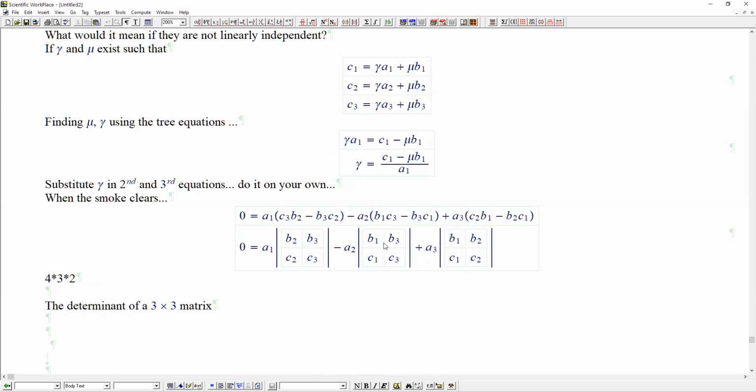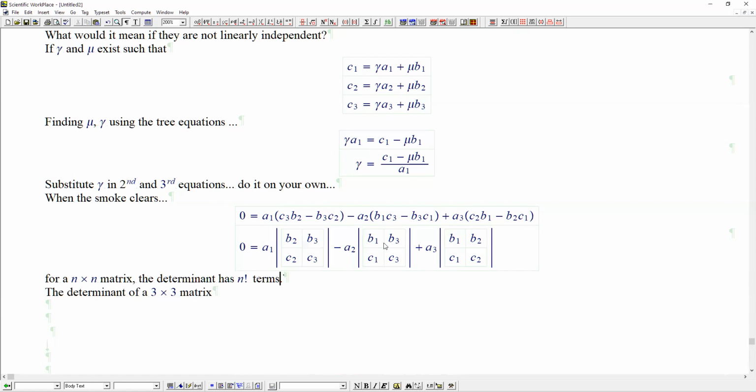So for an n by n matrix, the determinant has n factorial terms. So it can be quite long to compute. That's why factorial is good, because it's an exclamation mark at the same point. You have many terms.